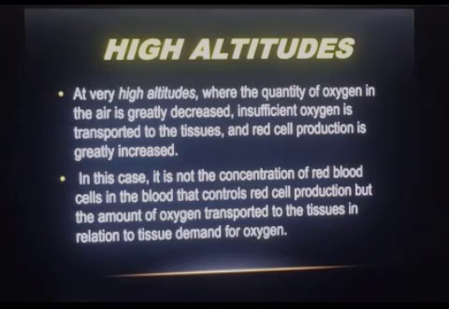If a person is exposed for a longer duration to low oxygen tension, this causes production of a large number of RBCs, and that's why athletes are trained at high altitude.